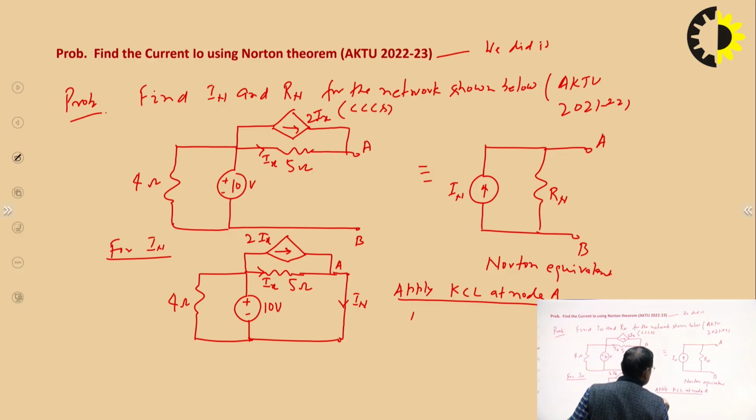So IN is equal to Ix plus 2 Ix, so IN is 3 Ix.